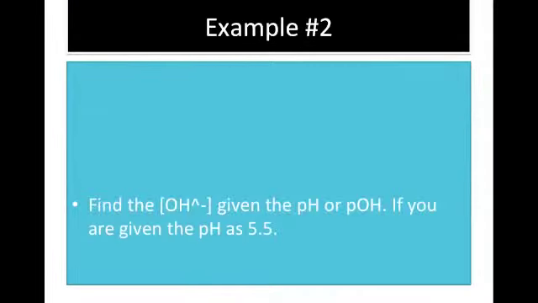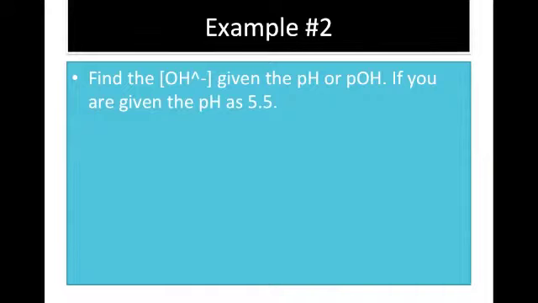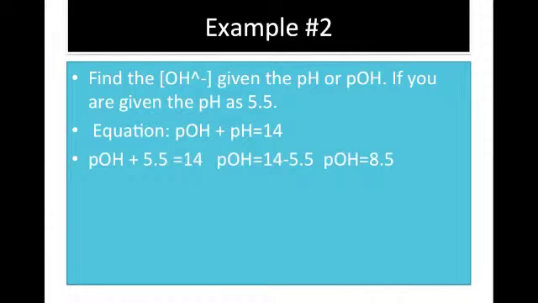Example 2. Find the OH given the pH or pOH if you are given a pH is 5.5. So you plug your number into your equation and you get pOH plus 5.5 equals 14, and you subtract the 5.5 from your 14 and get a pOH of 8.5.